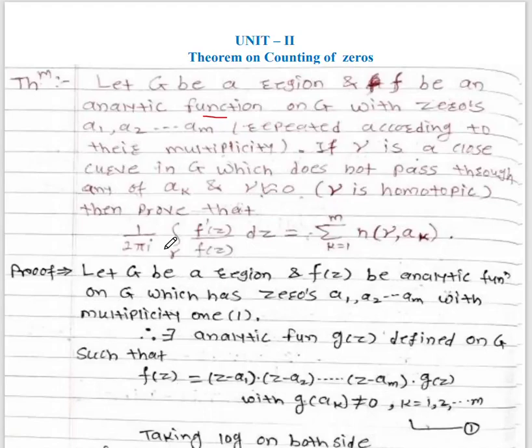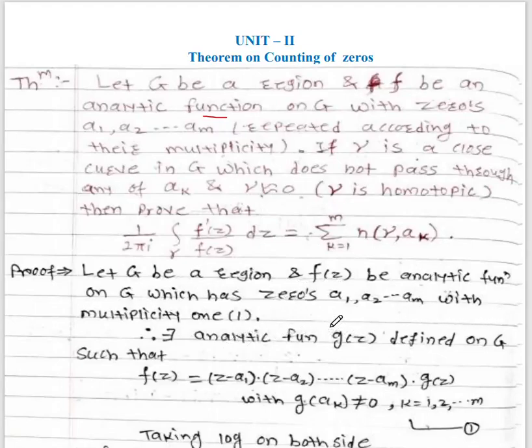Now let us see the proof of this theorem. What is given? Let G be a region and f(z) be an analytic function on the region G which has zeros a1, a2, ..., am with multiplicity 1.